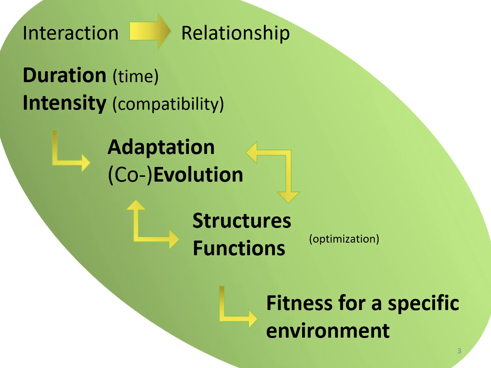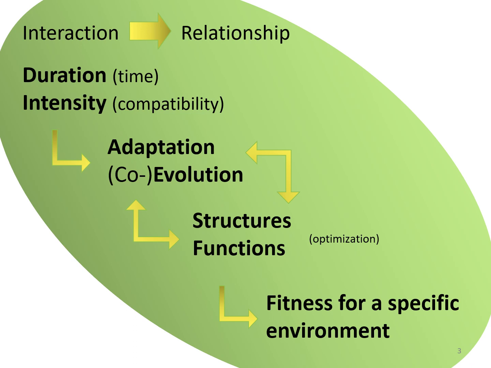Because an interaction develops into a relationship, we need time and we need intensity. During the time, the compatibility between the two entities increases, until the two partners start to adapt to each other and even may start to co-evolve together.